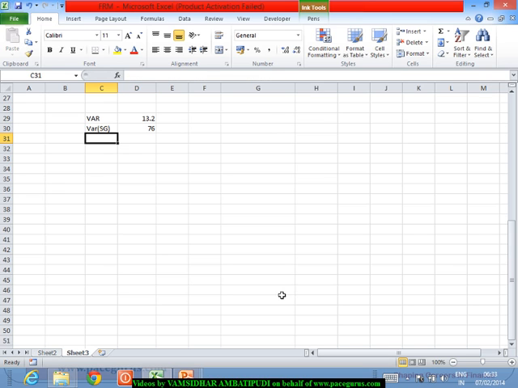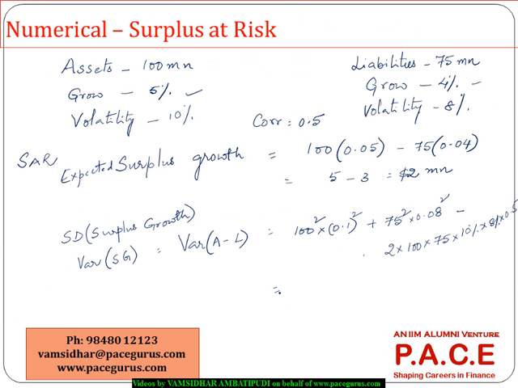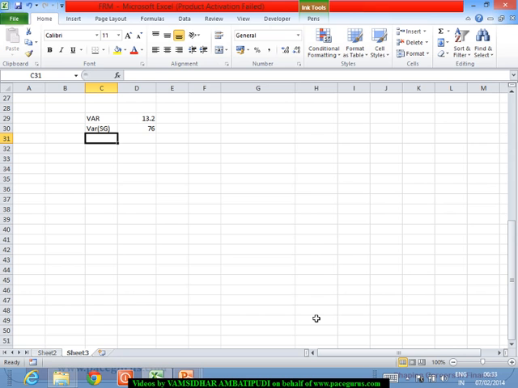So the variance of the surplus growth is coming out to some 76 million, and from there the standard deviation is the square root of 76 million.